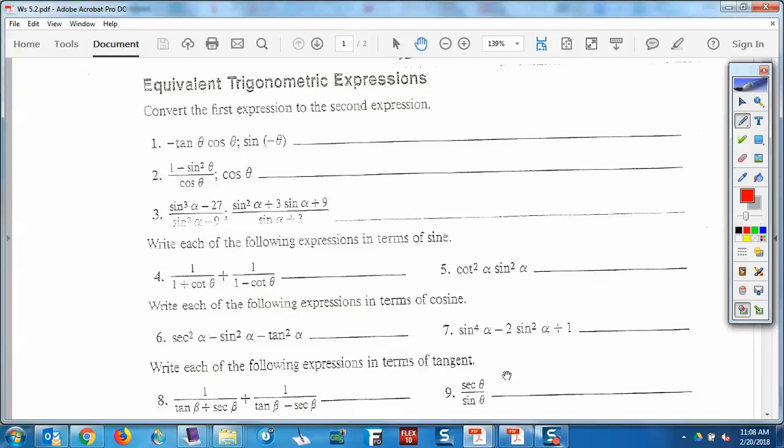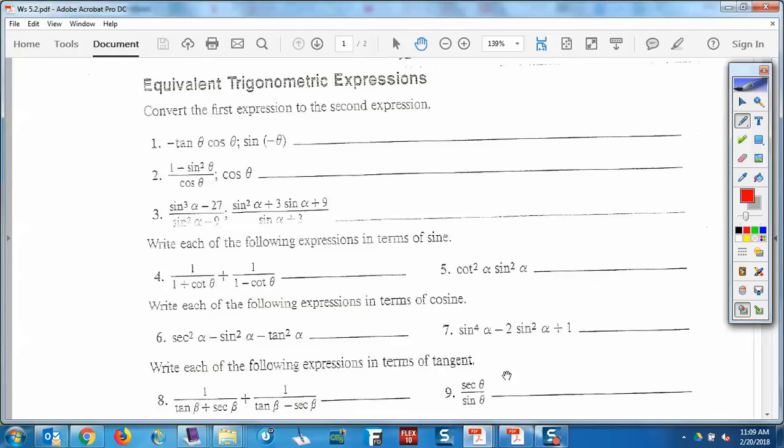Sometimes the directions are just simplify. Sometimes the directions are turn this one into this one, like what you did here in the beginning. And then the new one here, which we were just talking about, this section says write it in terms of sine. What does that mean? At the end, your answer has to only have sine in it.